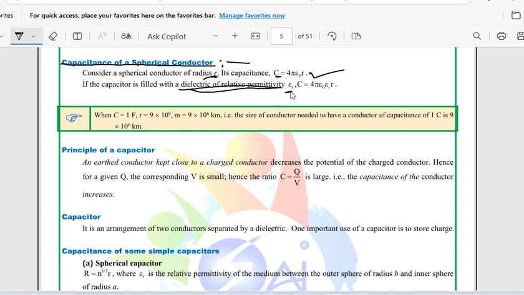If there is a medium, then the capacitance is C equals 4 pi epsilon naught epsilon r into r, where r is the radius of the spherical conductor.